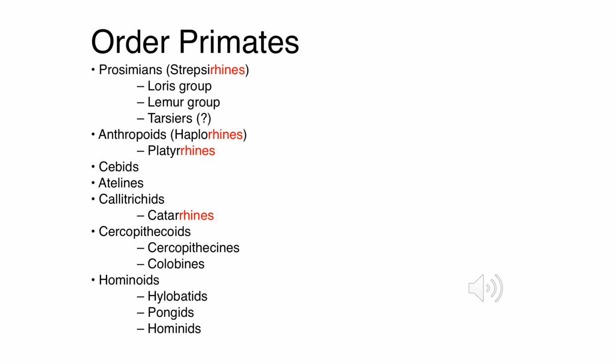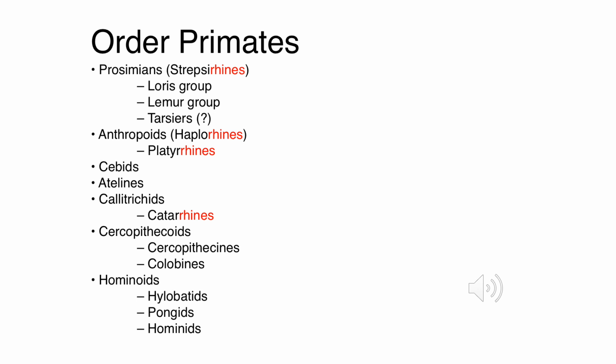You can see I have the part of those words rhini highlighted in red. When we get into the next lecture, you'll see why the rhini is so critically important. And you will be able to tell the difference of primates just from their rhinis. So if anybody has a guess of what that is, definitely pop that into the discussion somewhere.